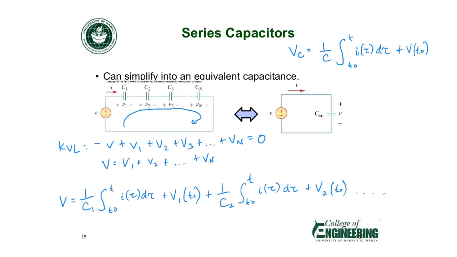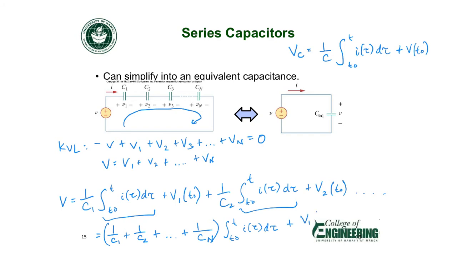Okay, so this integral term here is going to be the same for all the capacitors. So I can say it's going to be 1 over C1 plus 1 over C2 dot dot dot to 1 over the nth capacitance value, multiplied by that integral, and I also need to sum up all of the initial values.